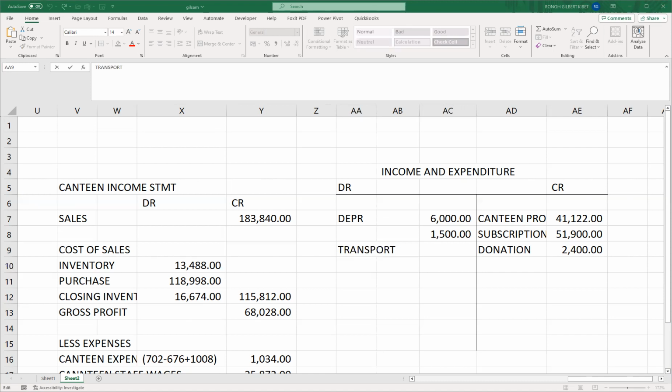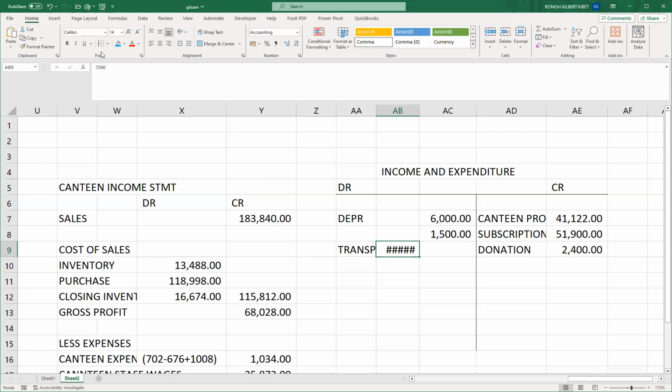I will take what they paid in the cash book, that is 7260, plus the accrual for the current year, which is 796. So it will come to 8056. So that is transport.